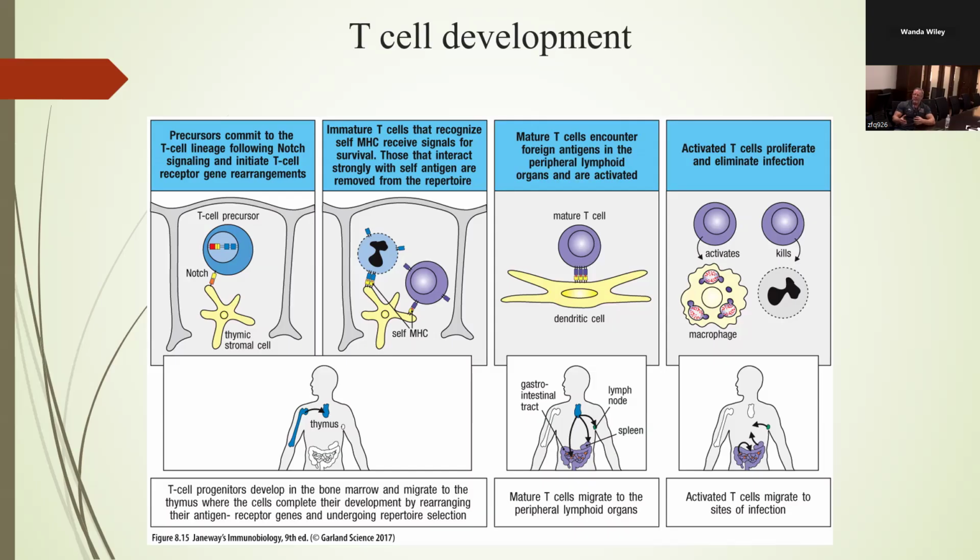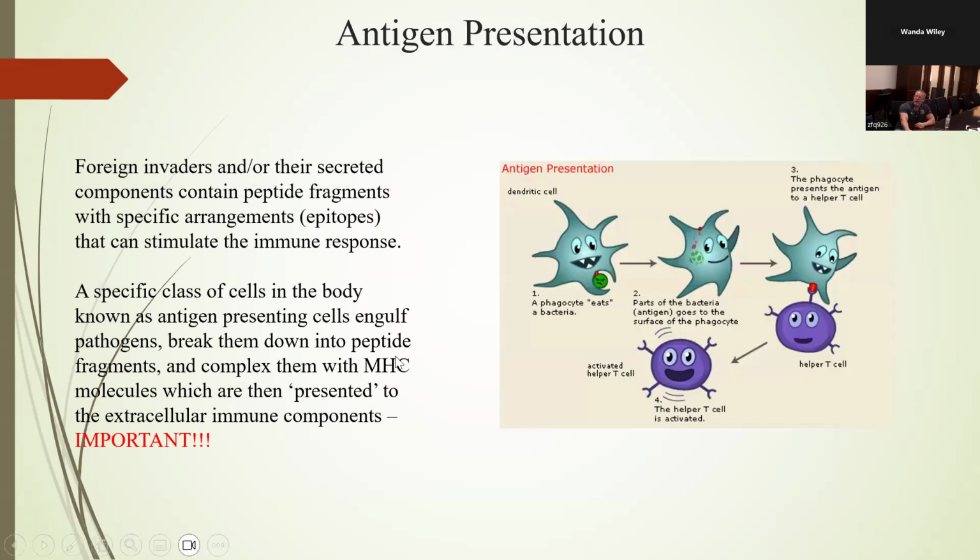When these baby T cells come out, they have to pass two tests. The first test is, can these baby T cells bind to MHC? MHC is the protein that antigen presenting cells use when they grab antigen and show it to everybody else. So if we back up to this cartoon right here, where the APC is presenting antigen to this T cell, it does this with a molecule called MHC.